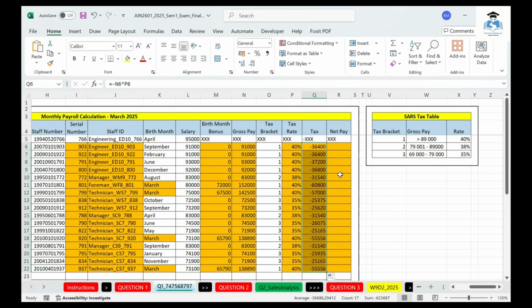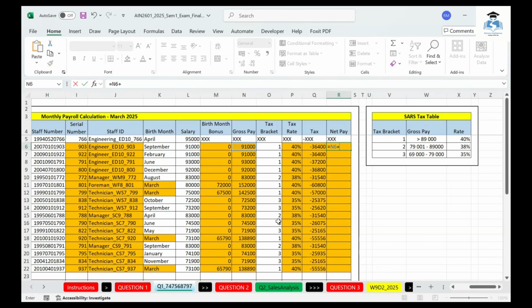Then the net pay, how do we find the net pay? You say is equal to N6 minus Q6. You cannot minus again because it's already a negative. Minus a negative, so plus.